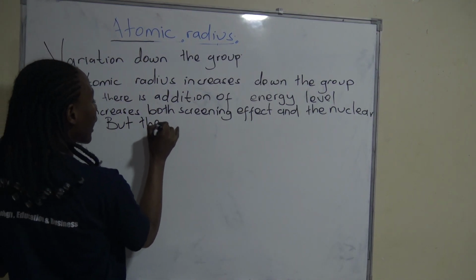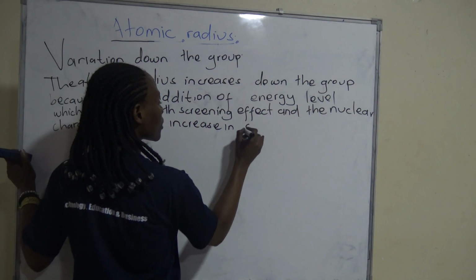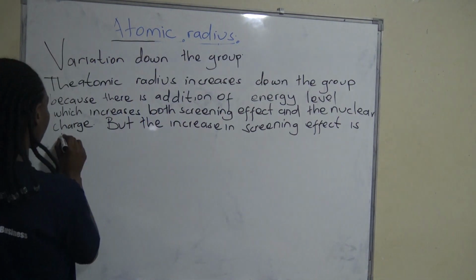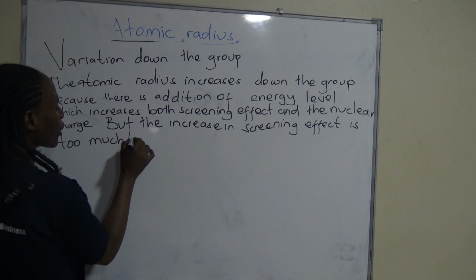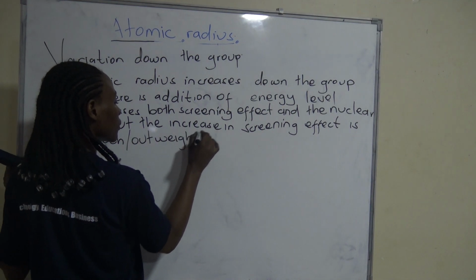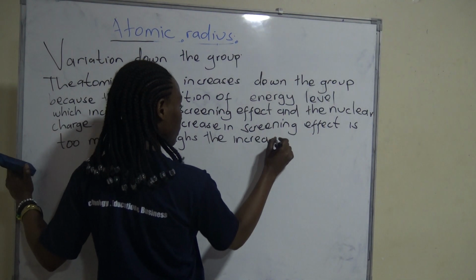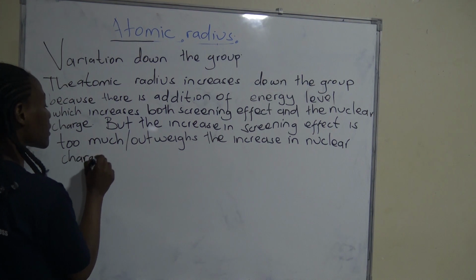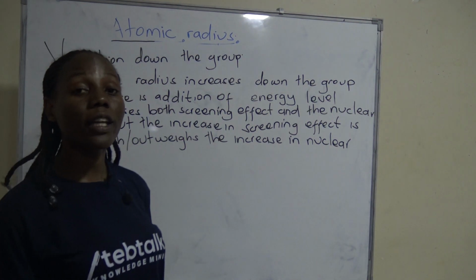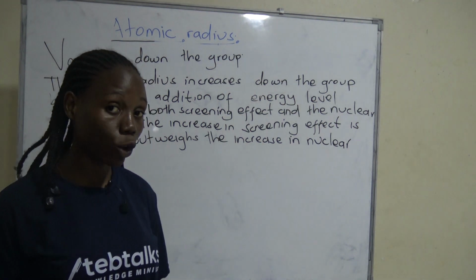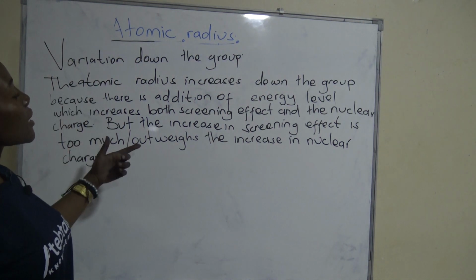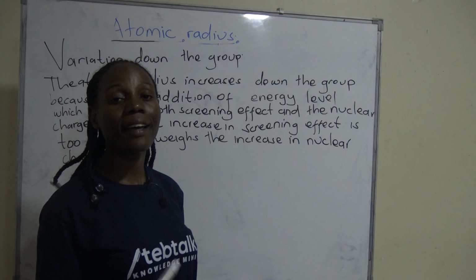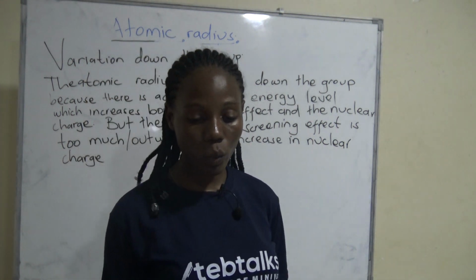But the increase in screening effect is too much, or outweighs the increase in the nuclear charge. So the nuclear charge stops affecting the atomic radius, and we majorly have the screening effect affecting it. And why does the screening effect make it increase? Because there is addition of another energy level, or what we call a shell.